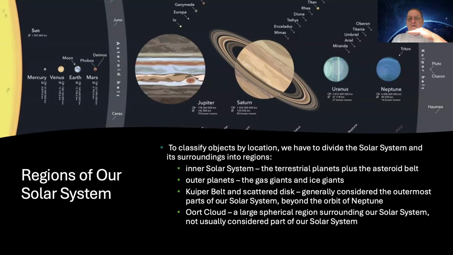The other thing I should note about each of these regions is that they are roughly planar in orientation, meaning that we define a plane in the solar system called the ecliptic. That plane is the orbital plane of the Earth going around the sun. When you look at the orbits of the planets, the inclination of those orbits relative to the ecliptic is not very large. It doesn't exceed 10 or 11 degrees.